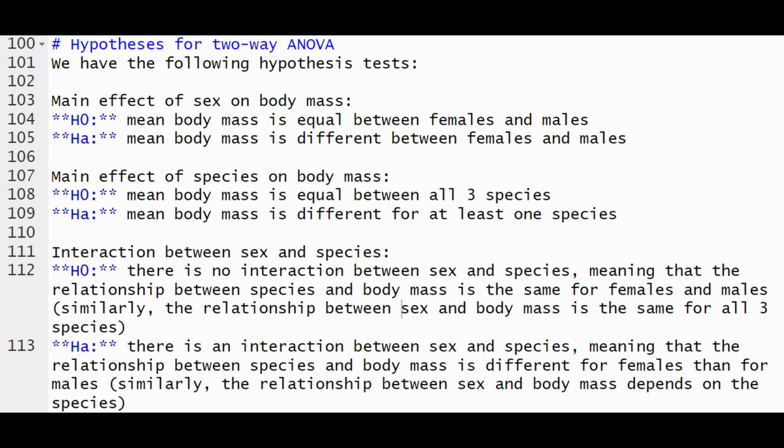And third, about the interaction between sex and species, the null hypothesis is that there is no interaction between sex and species, meaning that the relationship between species and body mass is the same for all males and females. Or you could say that the relationship between sex and body mass is the same for all three species. Just two different ways of putting it.